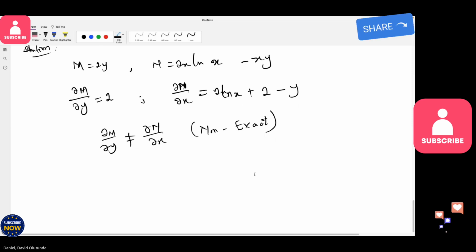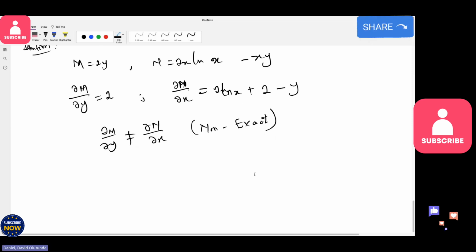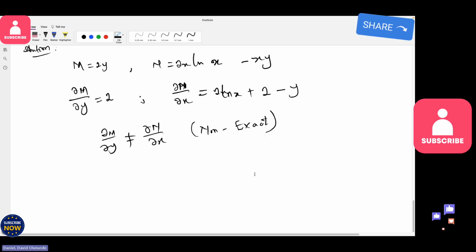We good? So now we've come to another step. The first one we did was exact, but now we are having a situation where it is not exact.